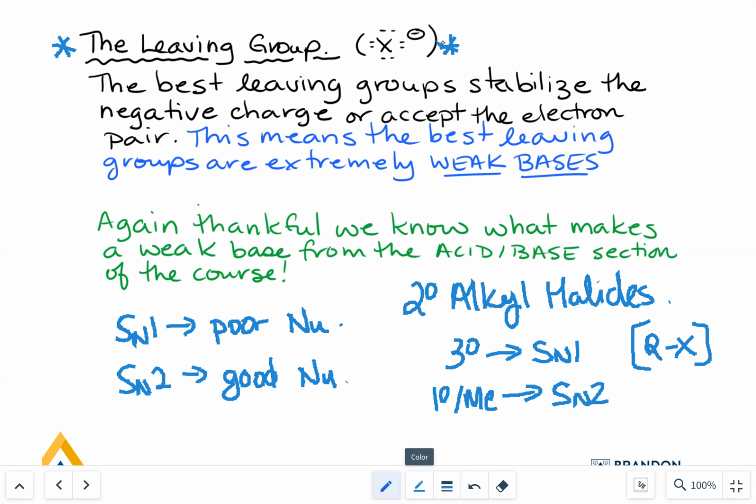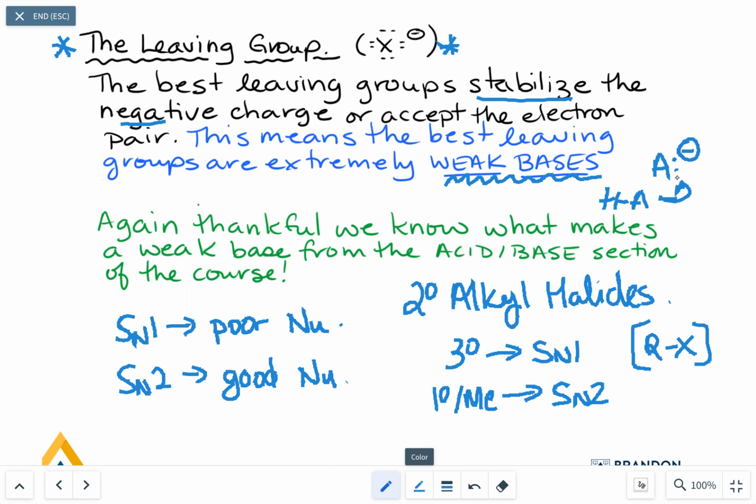And so the best leaving groups stabilize the negative charge. What this means is that the best leaving groups are extremely weak bases. We've done all of this before in our acids and bases section. Remember when we were talking about the conjugate base: if you have HA and it gets deprotonated, you make the conjugate base.